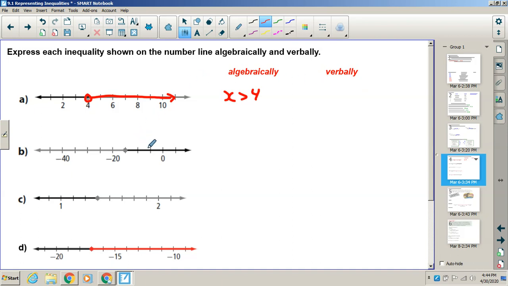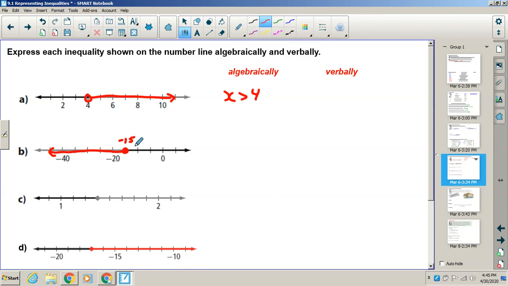This graph right here has a colored in, or shaded in, or closed dot, and our graph is headed that way. Our boundary point right here, maybe we need to figure that out. Well, here's 0, here's negative 20, so this is negative 5, negative 10, negative 15. So my boundary point here is negative 15, and I'll just write it there.